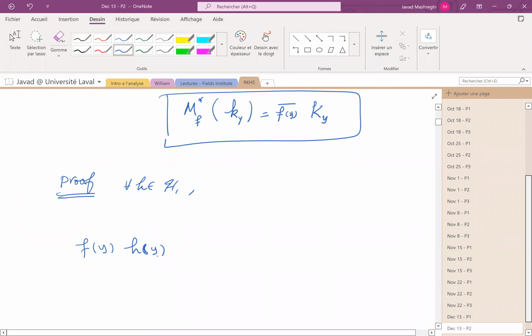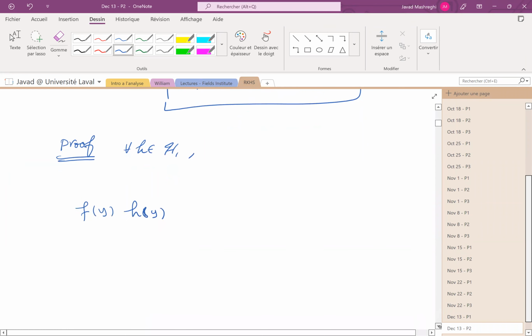I calculate it in 2 ways. First, it's F(y) times the scalar product of h with K_y^1 in the space H1. And I can take this inside. That's one way.